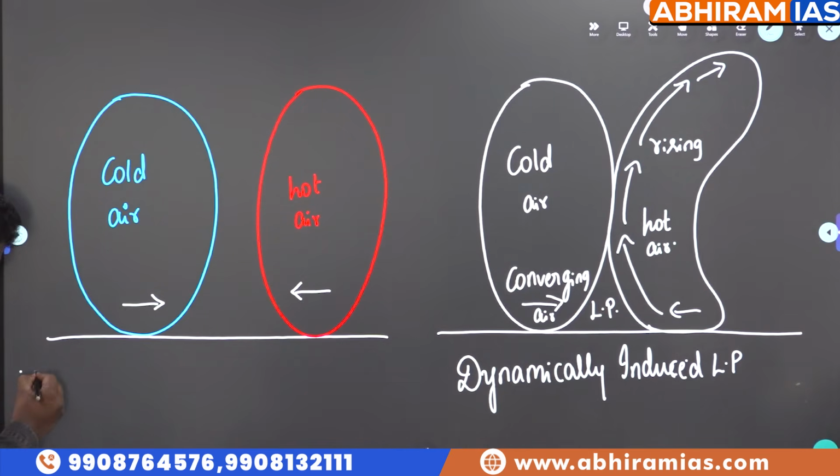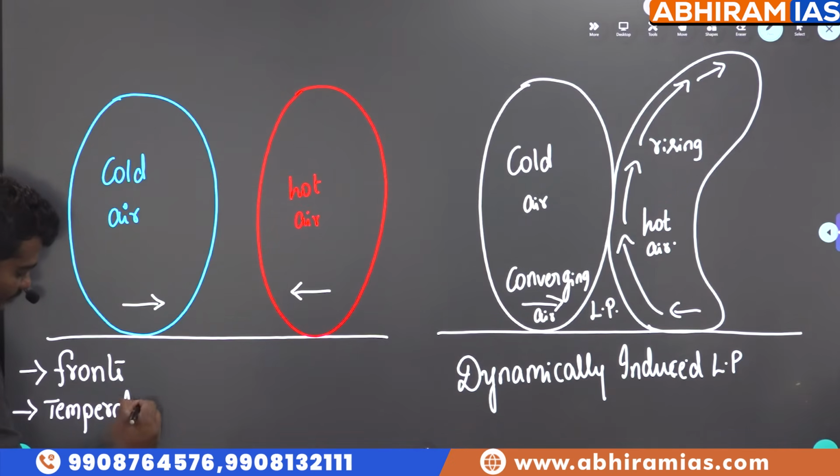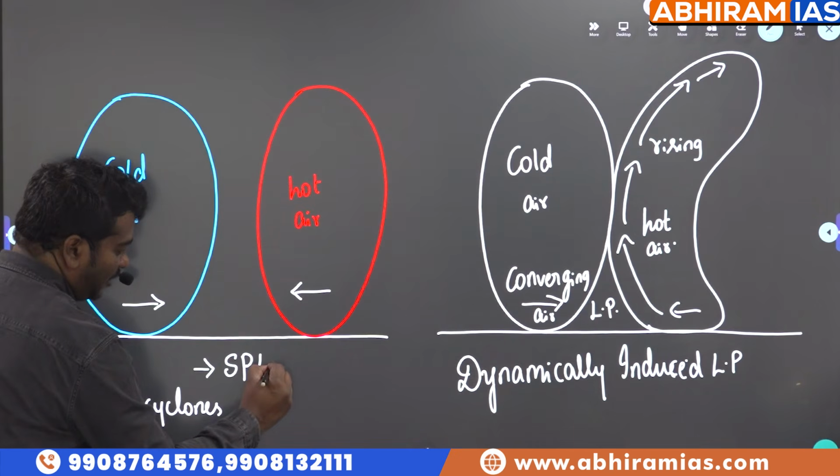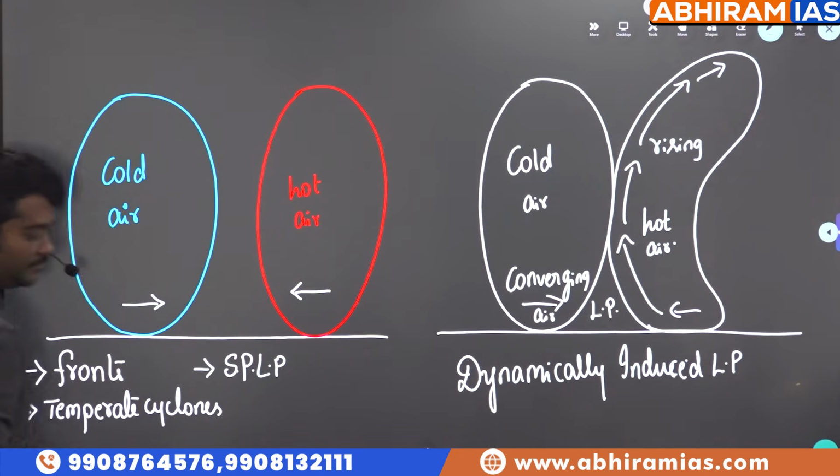You might have heard of the term front. Have you heard? Fronts. Have you heard about temperate cyclones? Temperate cyclones. You might have heard about subpolar low pressure area, 55 to 65 in between Ferrel cell and polar cell. Subpolar low pressure.